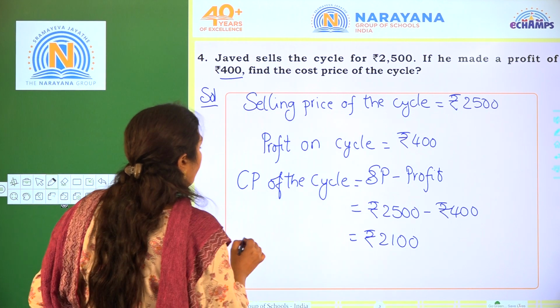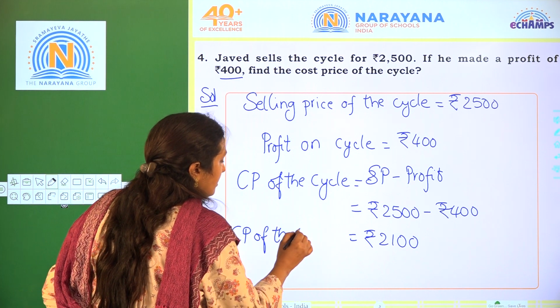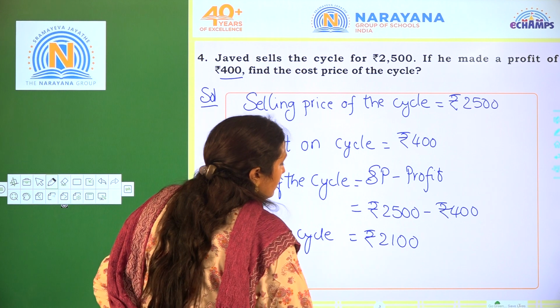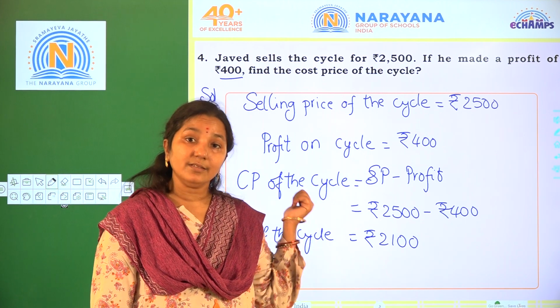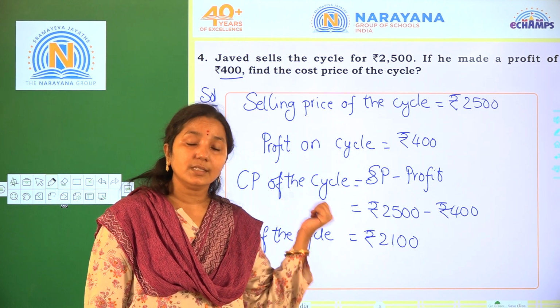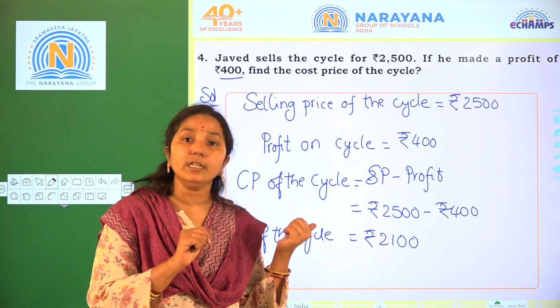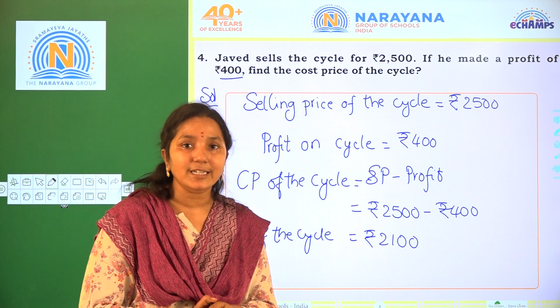So the CP of the cycle is 2,100. Got it, children? We have to find the cost price of the cycle: CP equals SP minus profit. Once again practice, children. Thank you.